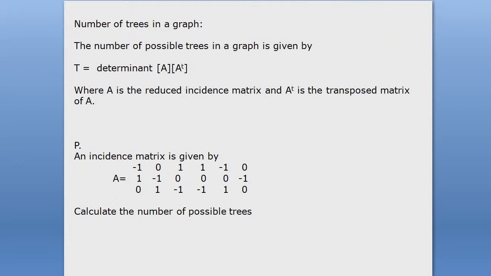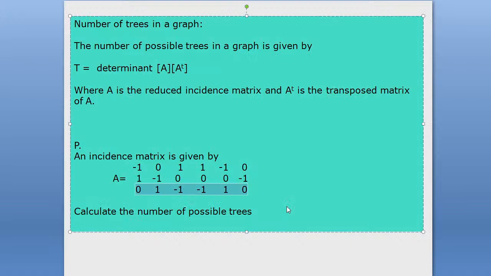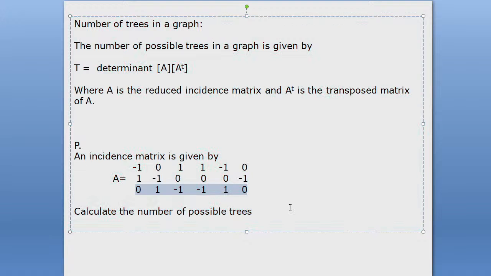Okay, let me check it. 1, -1, 0, 0, 0, -1. From this incident matrix we have deleted this part. You delete this red colored part.